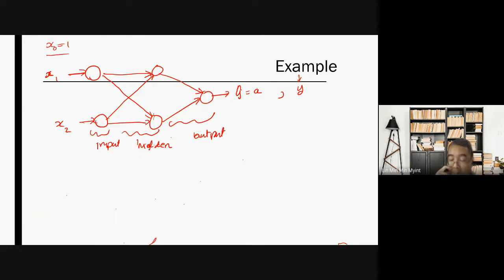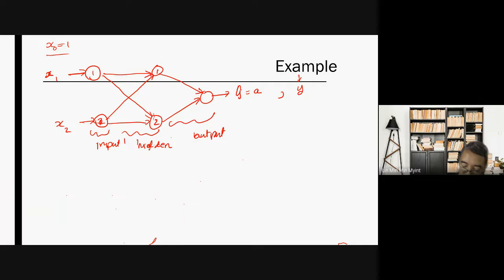And then let me define like this. So this is 1, and this is 1, 1. This is 2. Okay, this is 1. This is 2, like this.